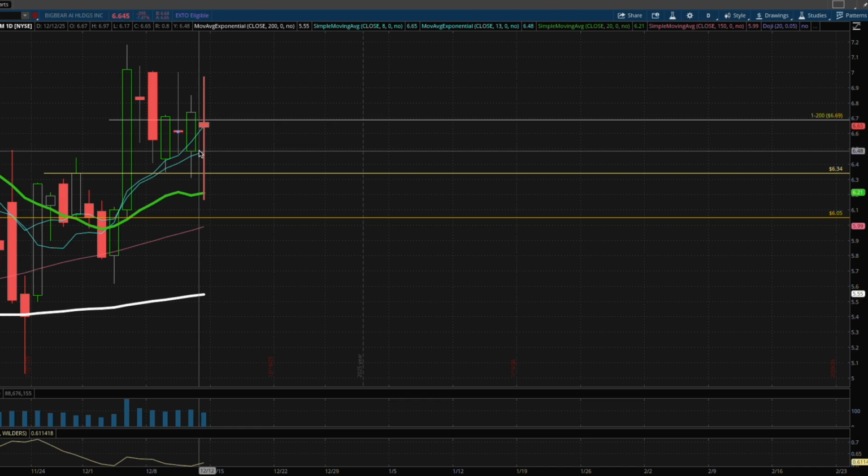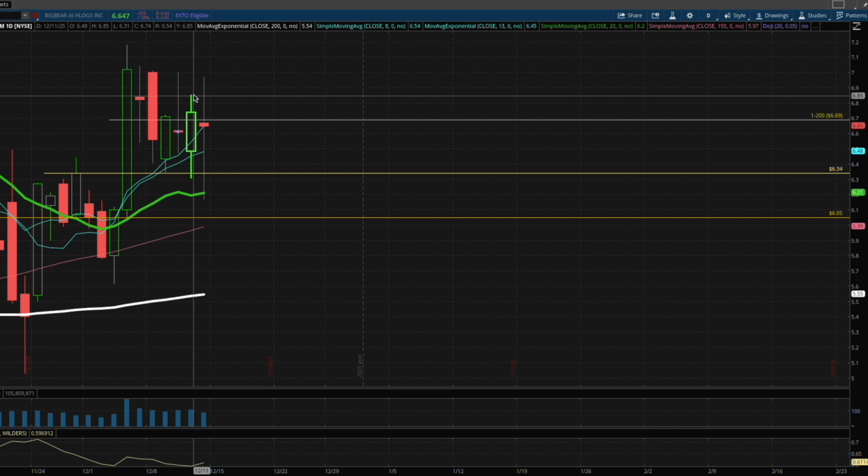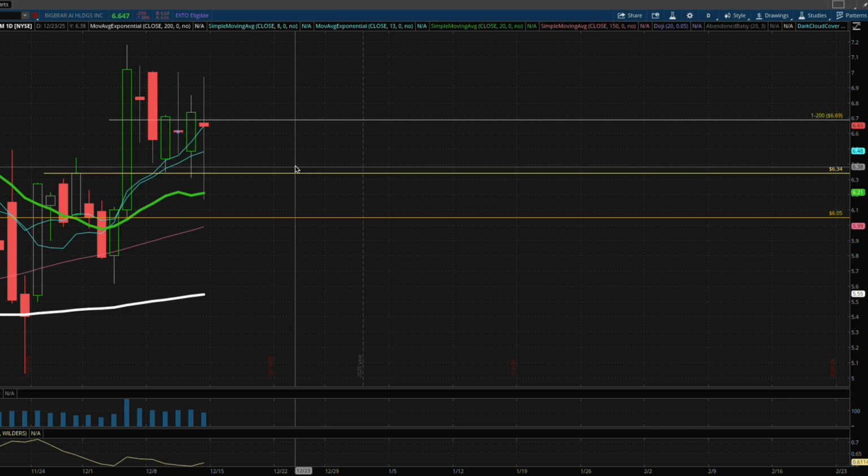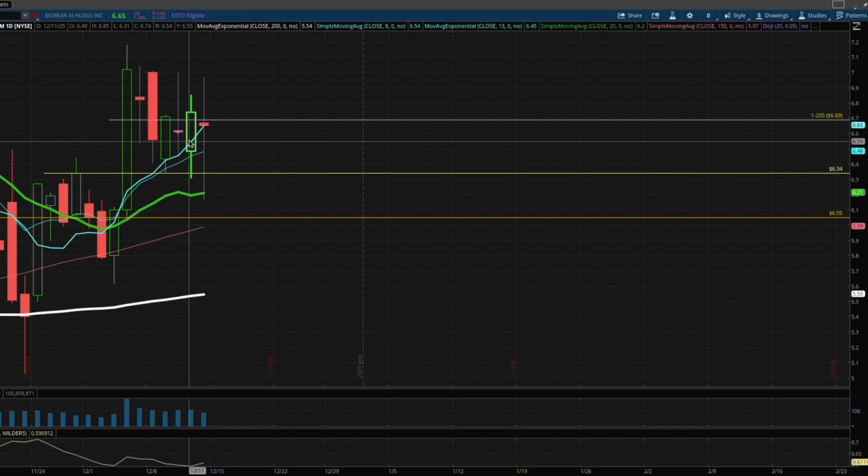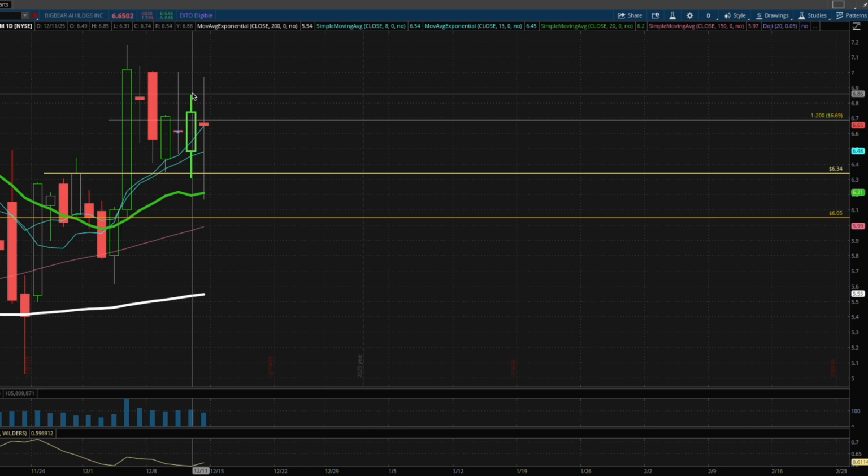Down here is where it opened, and this was the low, and this is the high. Okay, and the reason we know this is because it's a green bar. This bar started out down here, probably pulled back here, and then pushed all the way up to here, and then pulled back to here when it finally closed at the end of the day.